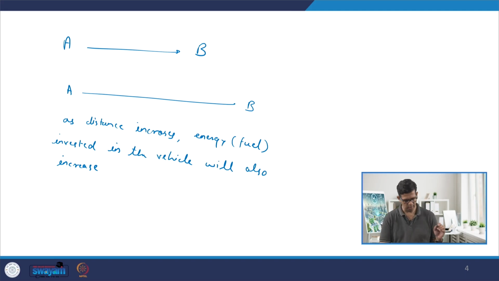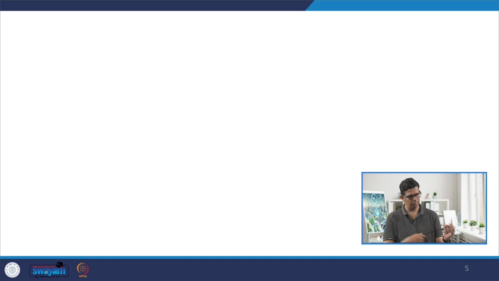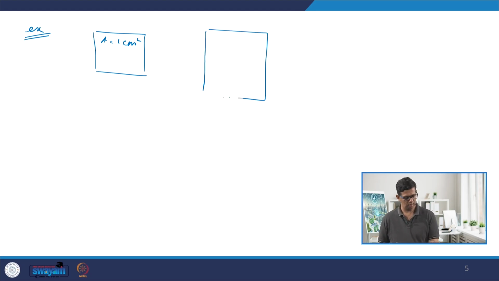So, let us solve some examples. Let me take one cell having an area of 1 centimeter square, and the other cell, let us call this A1 and this A2, has an area of 10 centimeter square.